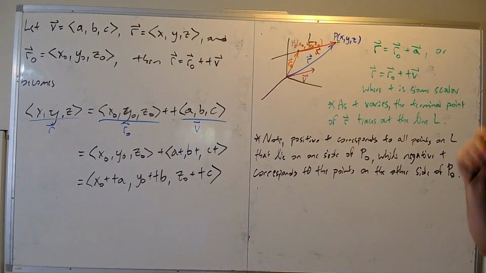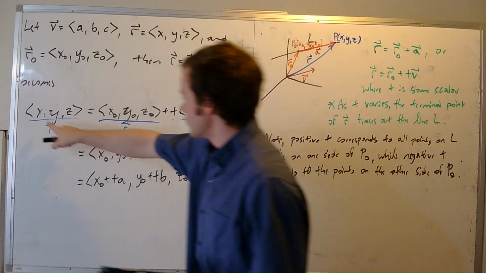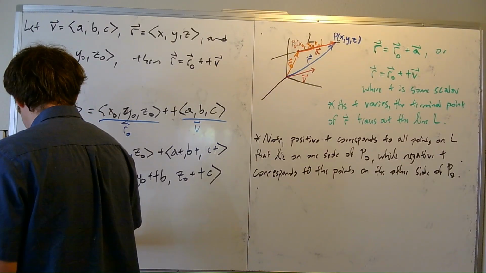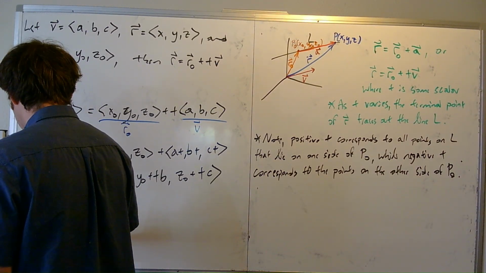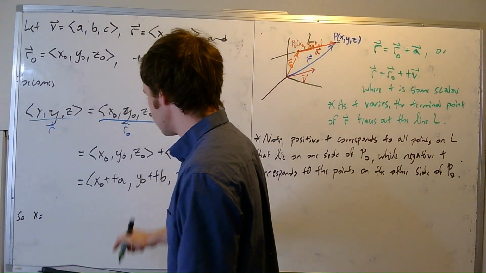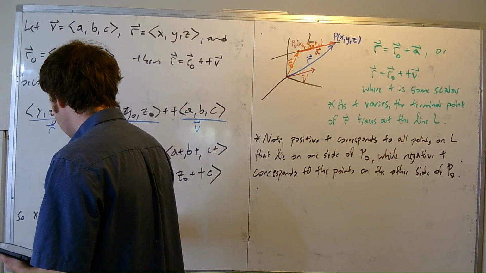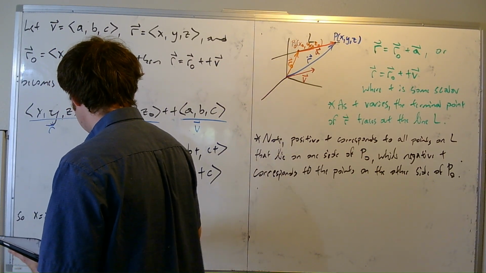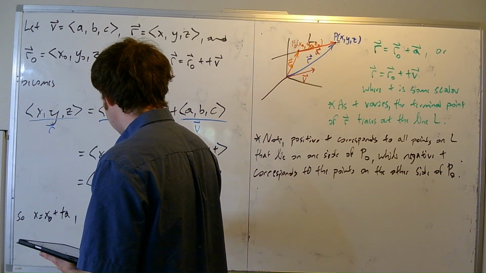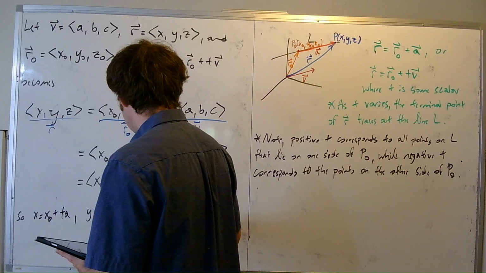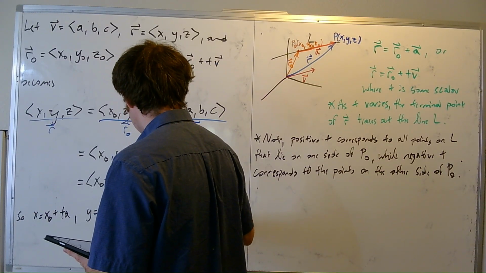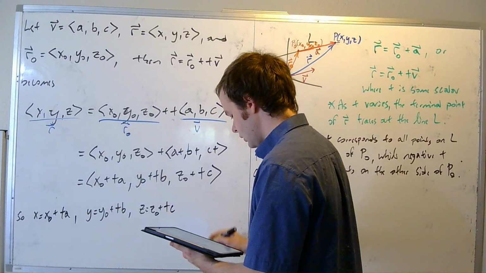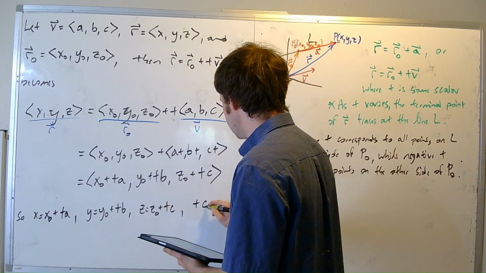Okay. And now, well, the x-coordinate of this needs to be equal to the x-coordinate of this. So if we just combine all of that, then we get the equations x equals x0 plus t times A, and y equals y0 plus t times B, and z equals z0 plus t times C, where t is a real number.